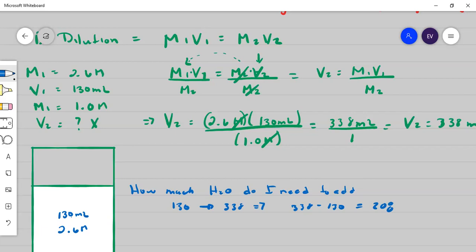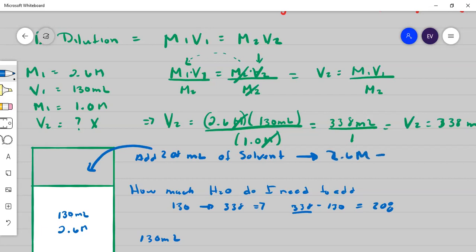It equals 208. So to get the final volume to 338 milliliters, I'm going to take the 130 milliliter solution, and to this solution, I'm going to add 208 milliliters of water or solvent. By doing so, that changes my concentration from a 2.6 molar concentration to a 1 molar concentration.